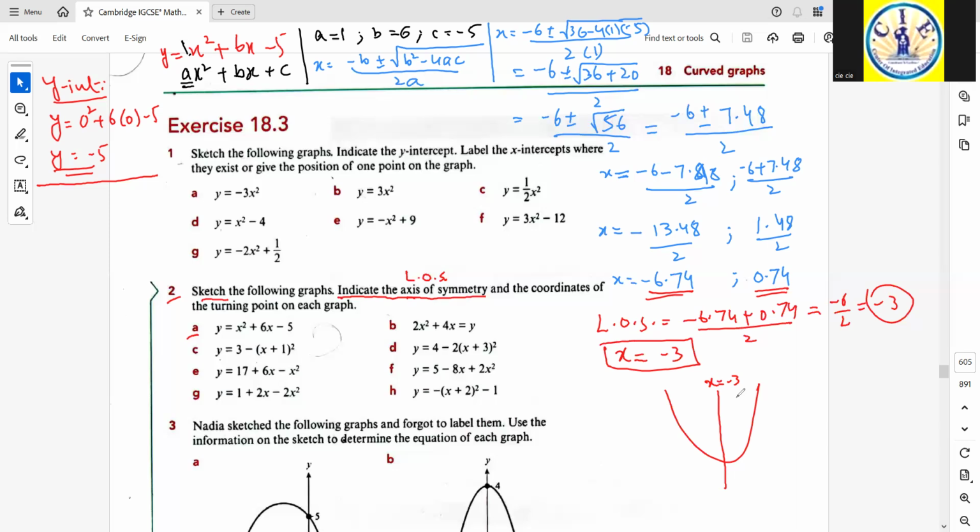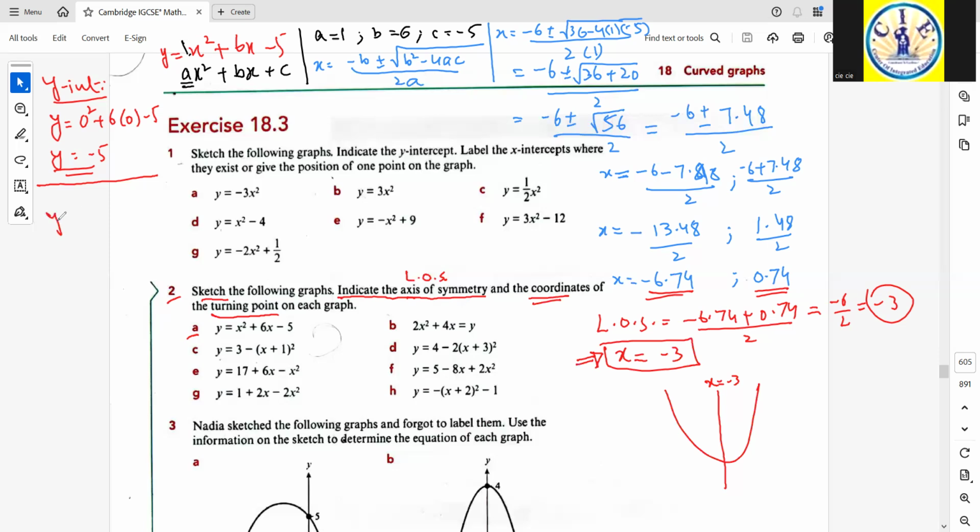And then we need to locate the coordinates of the turning point on each graph. When we are talking about this turning point, that means we need to substitute this value of the line of symmetry into the given equation. So this x equals to negative 3 is going to be substituted into the given equation.